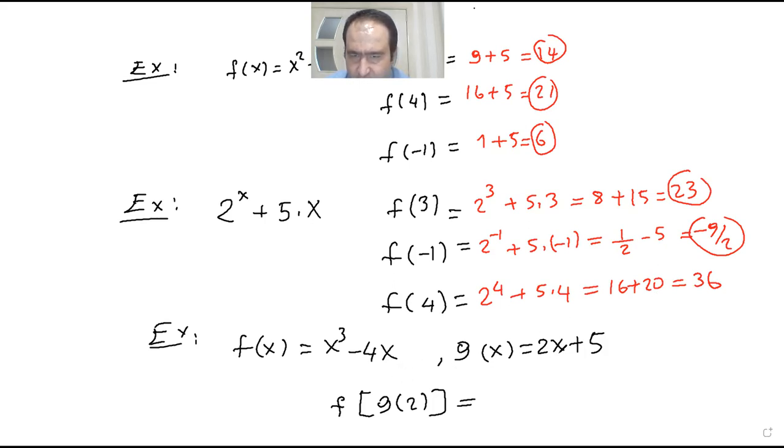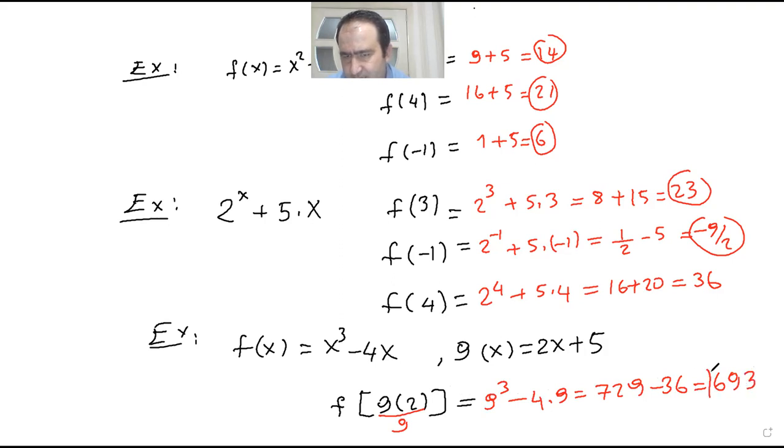Like this. g(2) is 9. And f(9), 9 cubed minus 4 times 9. It's 729 minus 36. It's 693. 693, I think.